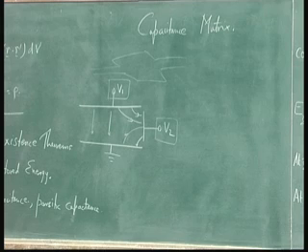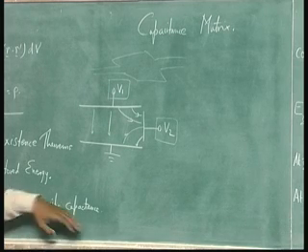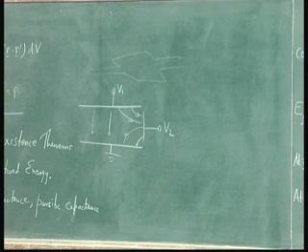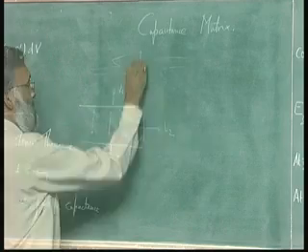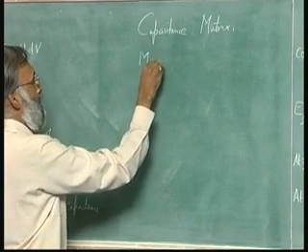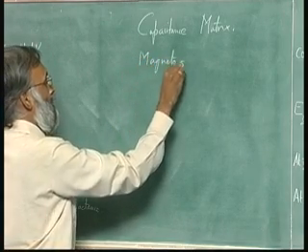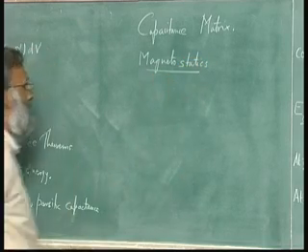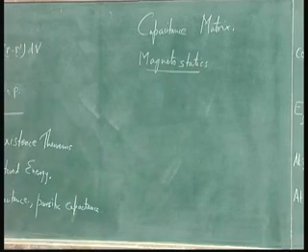This is very similar to what we call the inductance matrix, which we did when we talked about magnetic fields. When we came to magnetostatics, a lot of the material was the same.